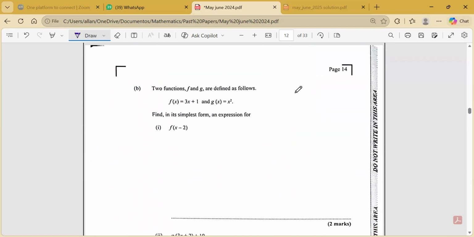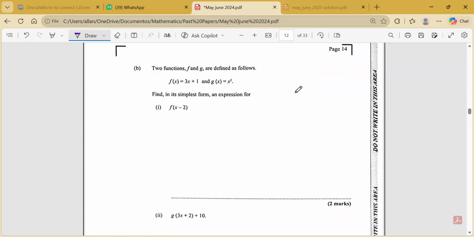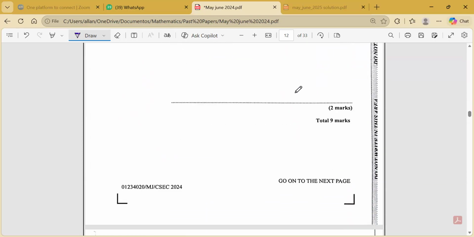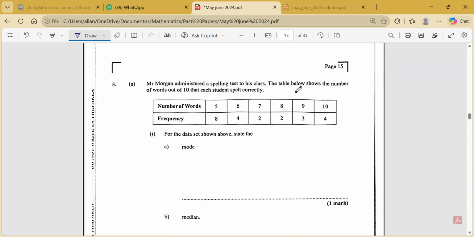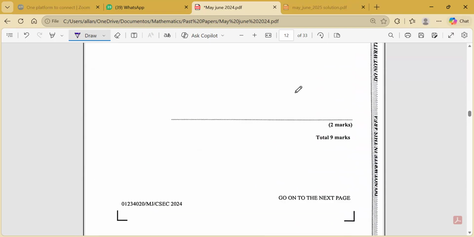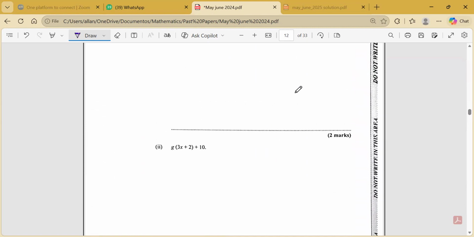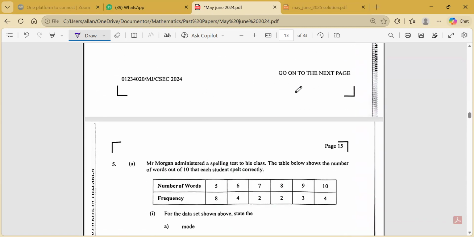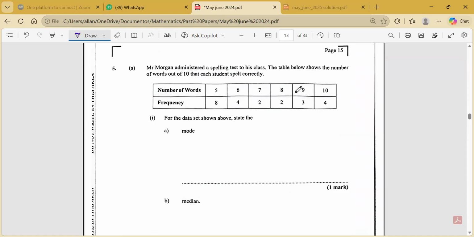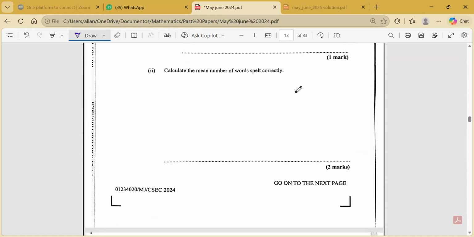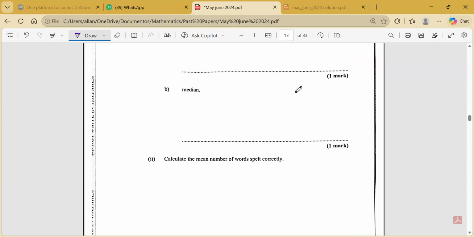Some other easy marks again. All right, so work out the semi, and let me just quickly. I think people could do this, so I'm skipping this. The mode, median. I want to at least start this.